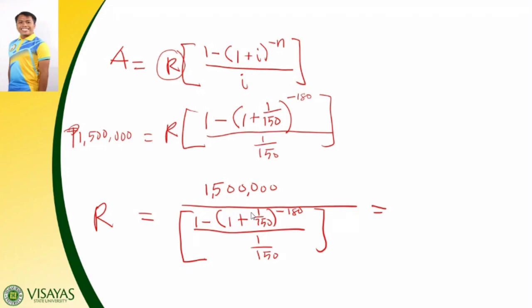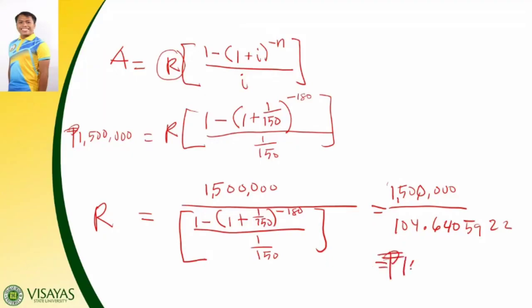That's 104.6405922. So 1.5 million divided by the answer is about 14,000.